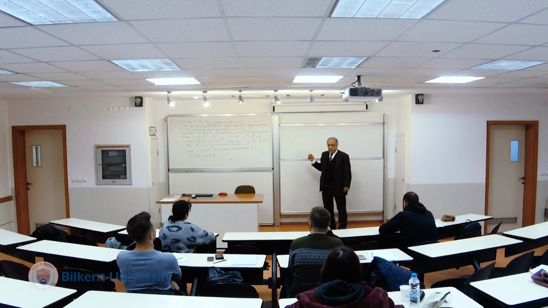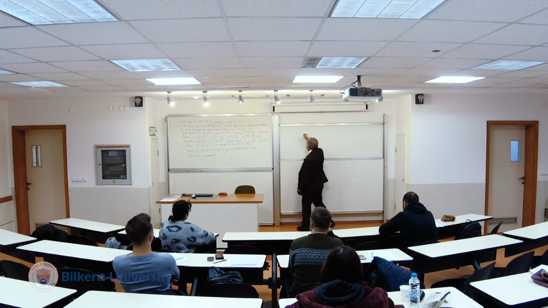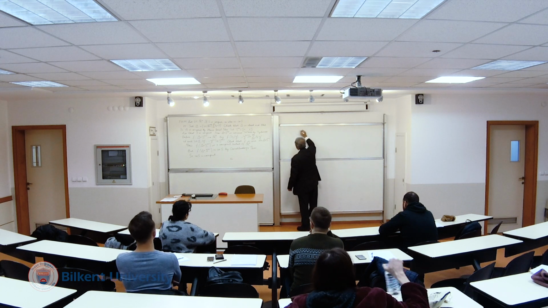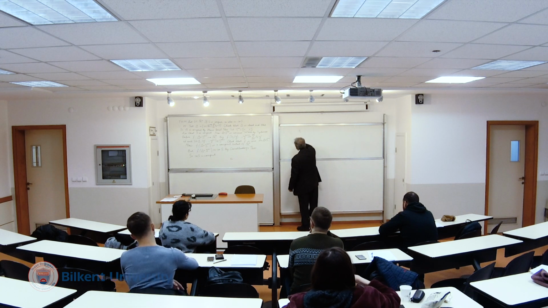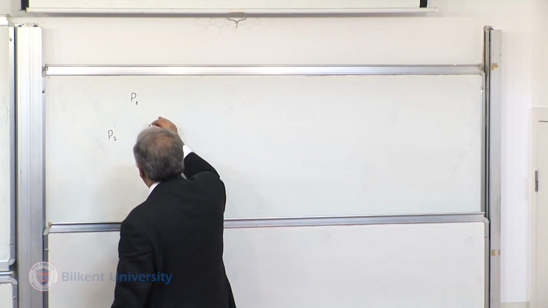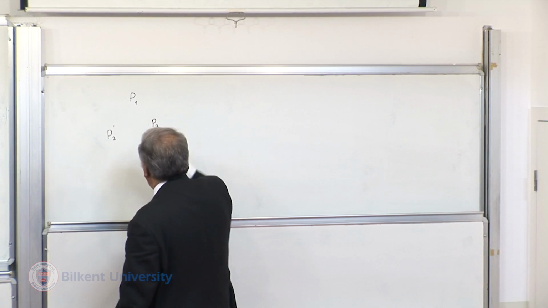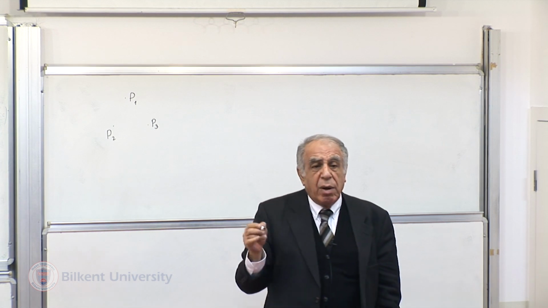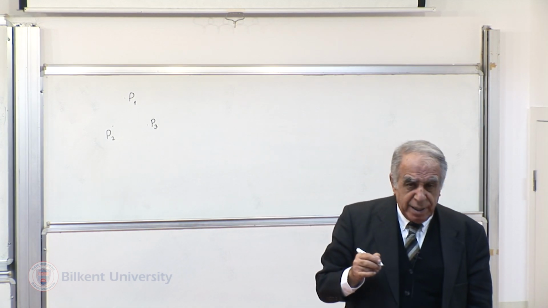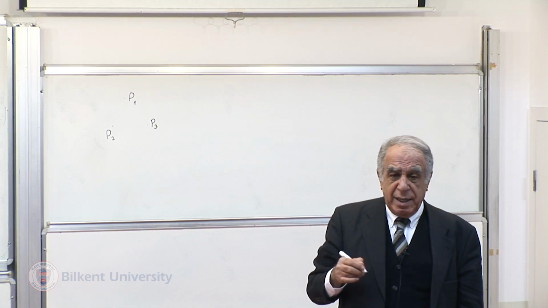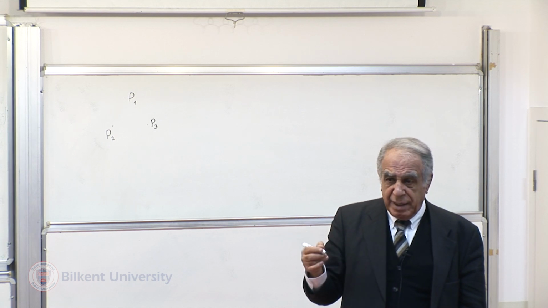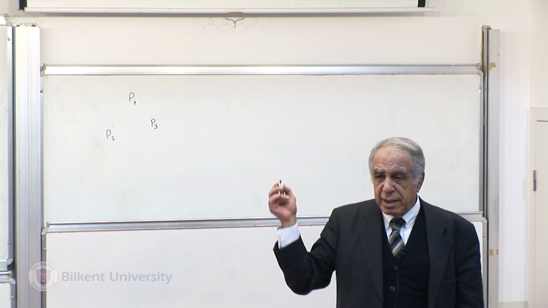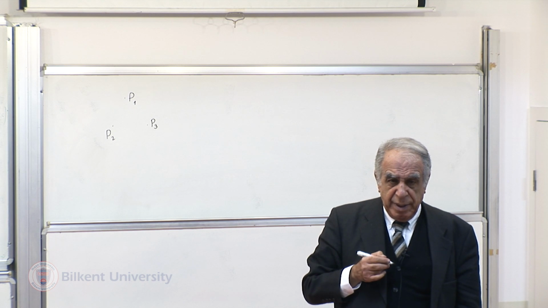Now, let's get back to our problem of 3 points in the plane which are not collinear, that is, which do not lie on one and the same line. There is no such line. So these are non-collinear.